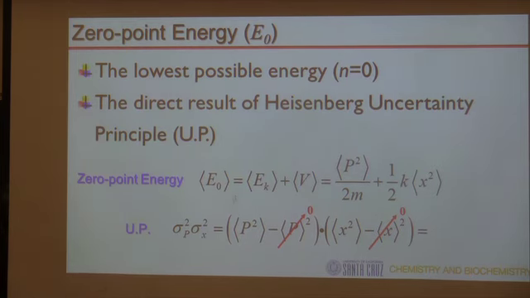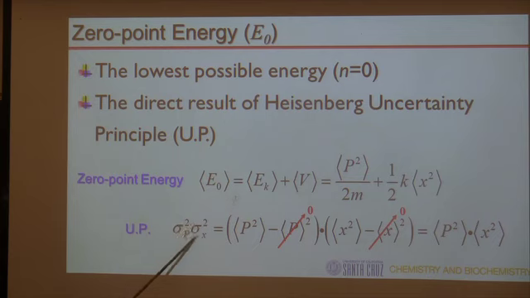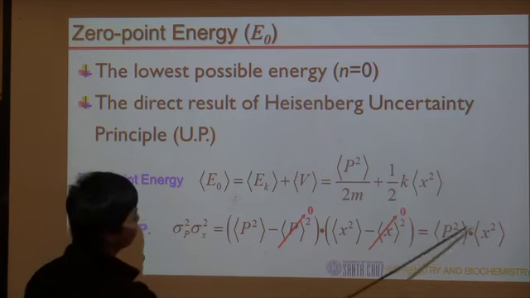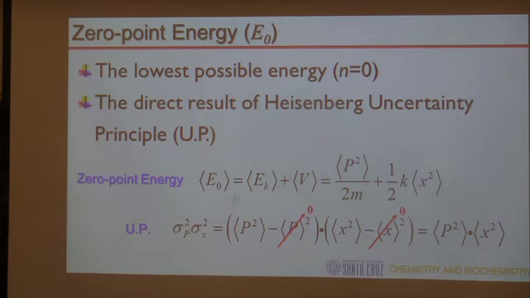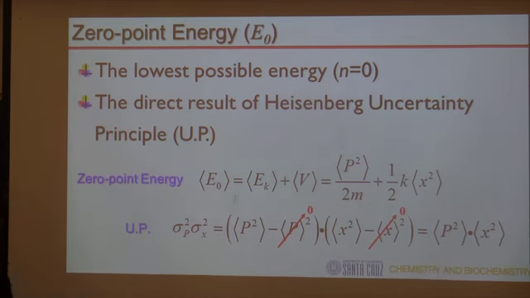The proof is in the textbook. You can go back and check. So simply, based on the uncertainty principle, the product here equals this product of the two, and the uncertainty principle tells you these two cannot be 0.